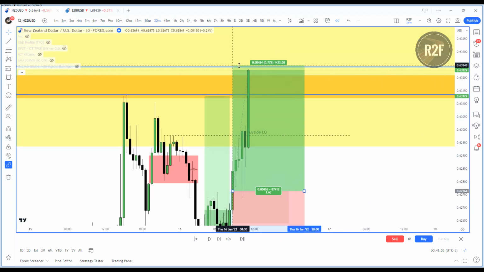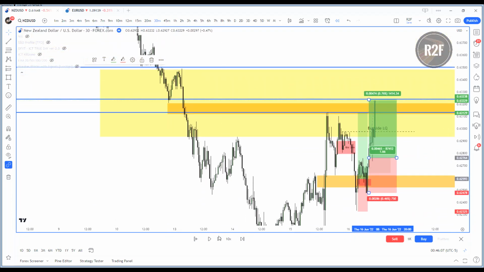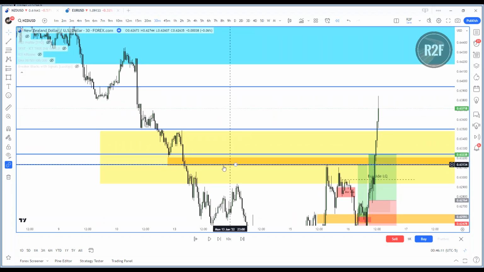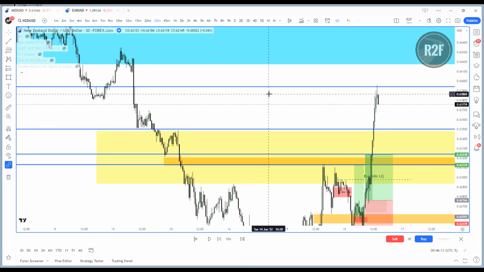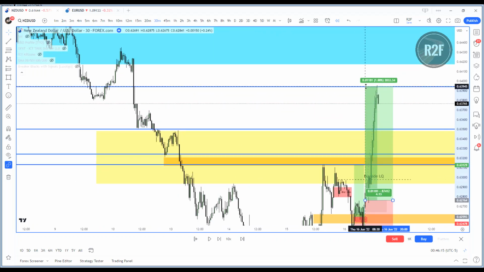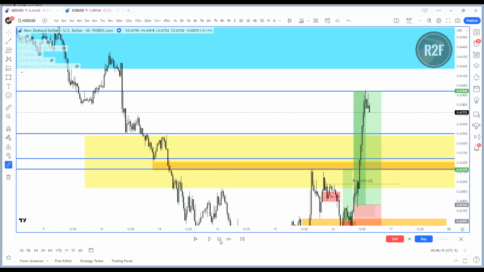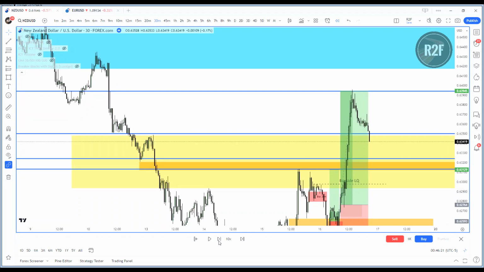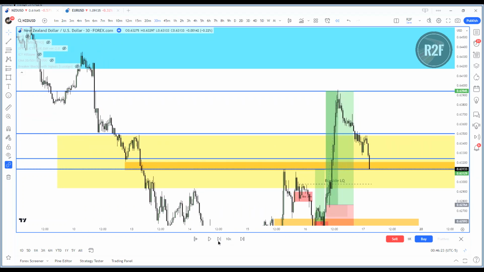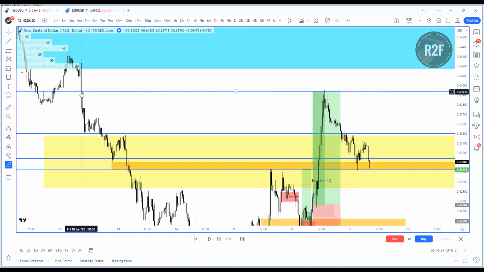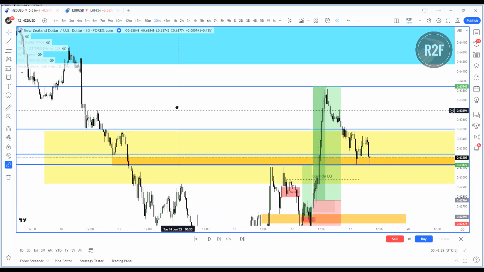Profit 1, target 2. Okay, all of it was taken. Great. Let's see if it comes all the way up here. No, it doesn't, which is why it's good just to take above all highs.